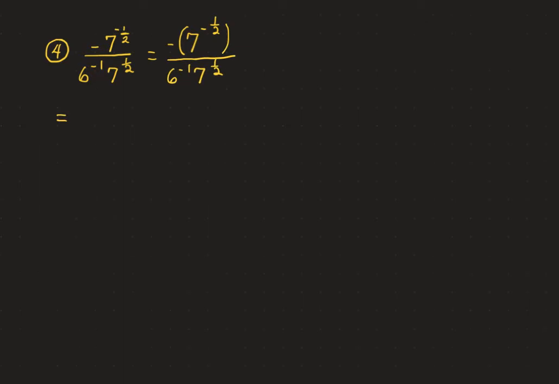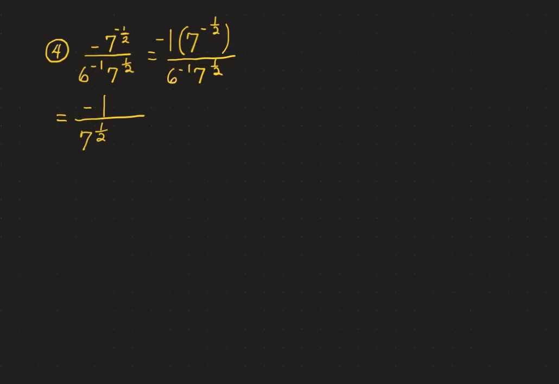Please remember, of course, that this negative can be interpreted as a -1. That may help you with our next step, because something needs to remain in the numerator there. Usually it's a 1, but in this case it's negative, so -1. When our 7 to the negative 1/2 migrates to the denominator, the exponent becomes positive.